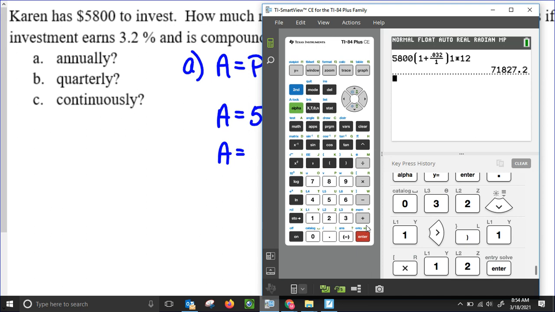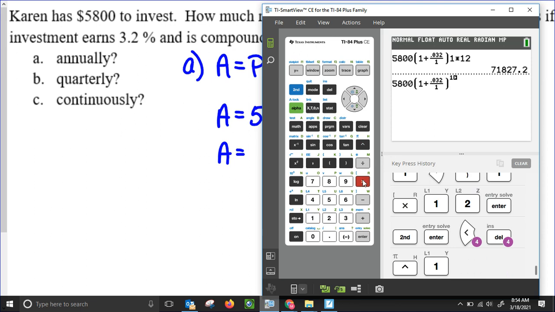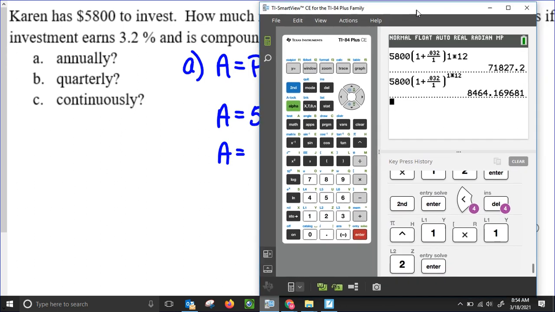So 7,000, or I'm sorry, 70, whoa, that looks way too big. Oh yeah, I didn't get the last part as an exponent. That would be y to the 1 times 12 power. So $8,464.17, rounded to the nearest cents.